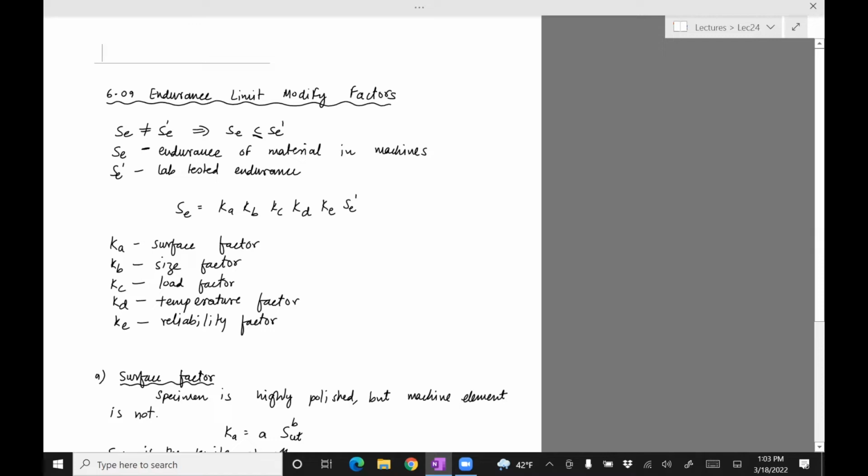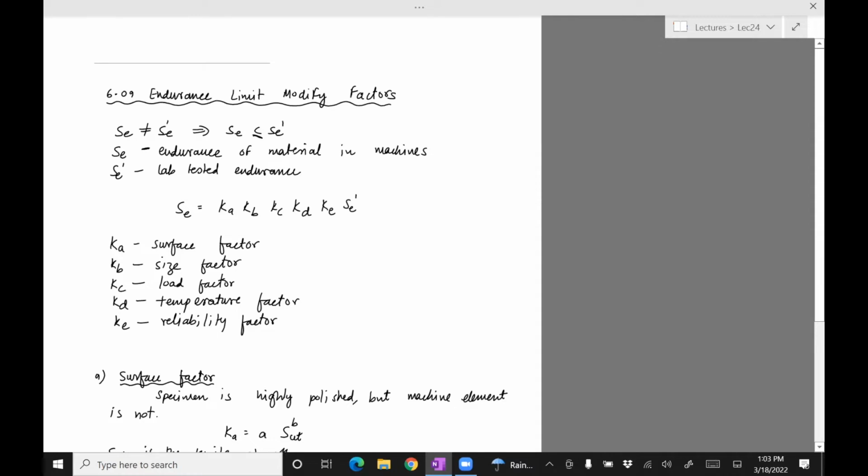But when you take this on an actual machine element, the temperature would be different, it won't be properly finished, the finish would be different, and there are differences in size and so on. So to account for that, we have these factors Ka all the way to Ke, which you need to compute and then adjust the Se prime such that you get the corrected Se.